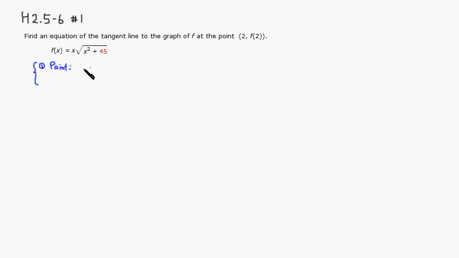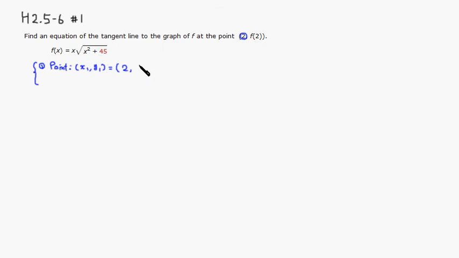Let's call it x1, y1, which is equal to, the x value is given as 2 right here. So that's easy, 2. Then we have to find f of 2. So plug in there.